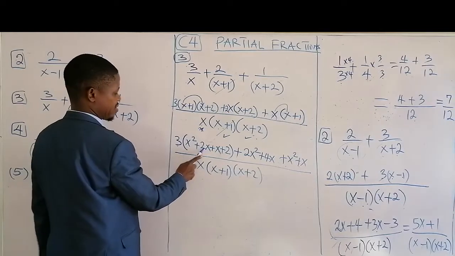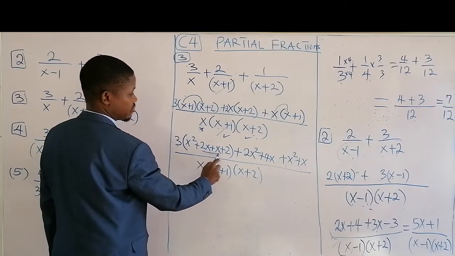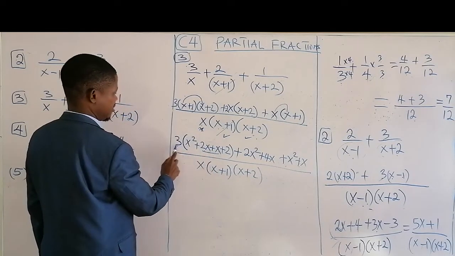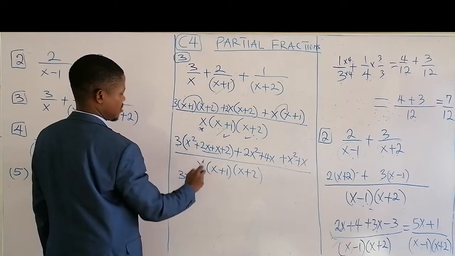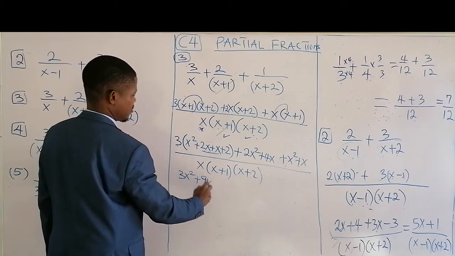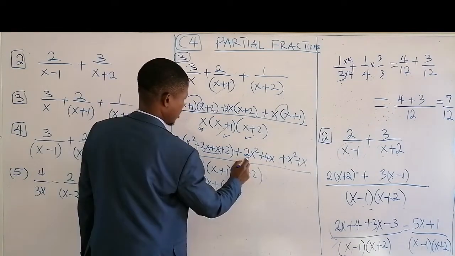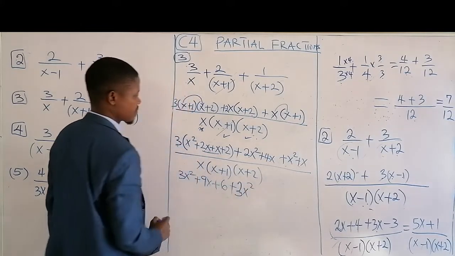3x, 2x plus x, these two you can combine together, making 3x. So this one times this one, 3x squared. This one times 3x, that's a plus 9x. 3 times 2, that's a plus 6. 2x squared plus x squared, that's 3x squared.